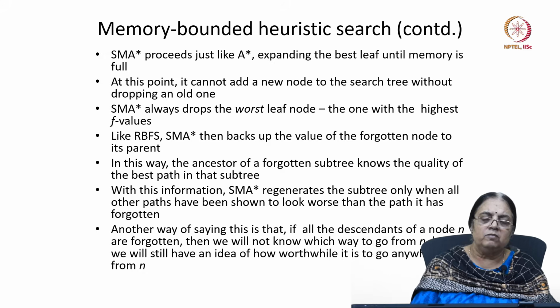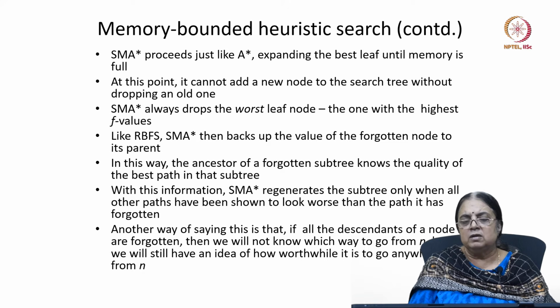What is done here is that you have some limited number of nodes. Suppose you have a tree where only 3 nodes or 4 nodes are available. You proceed just like A star and expand the best leaf and keep going that way.